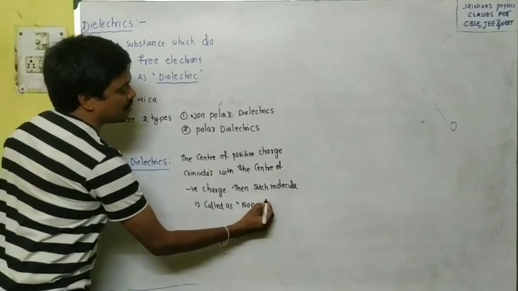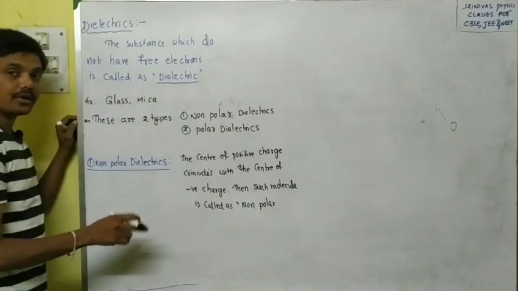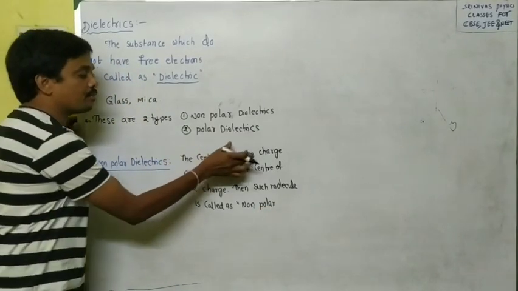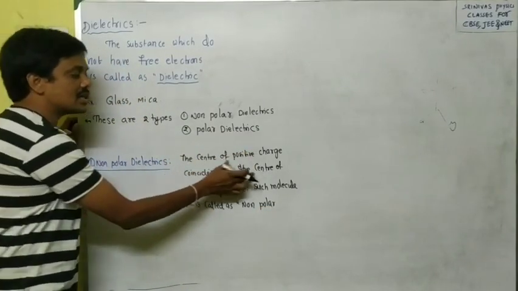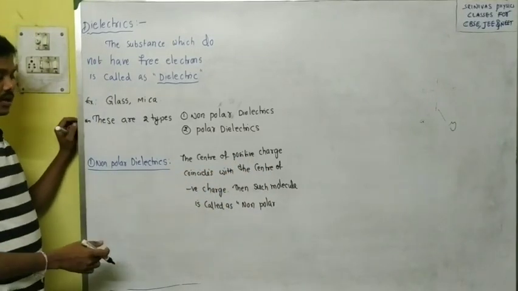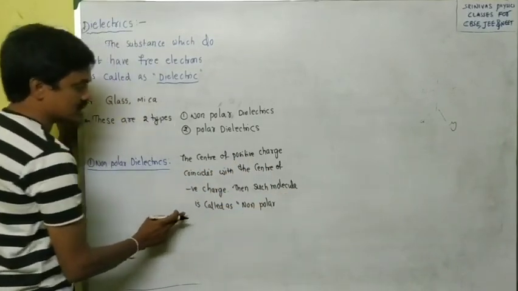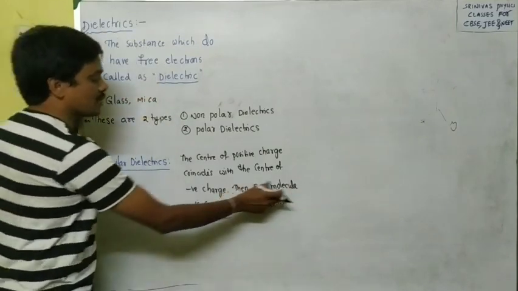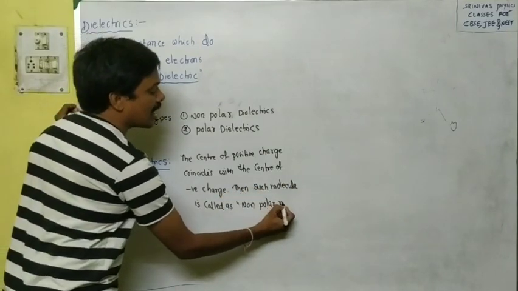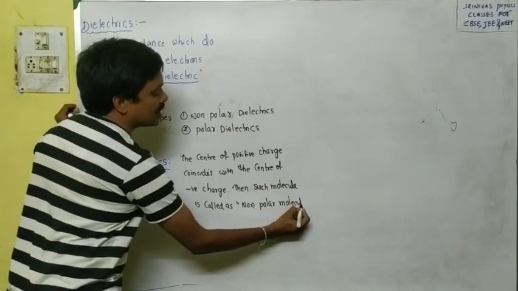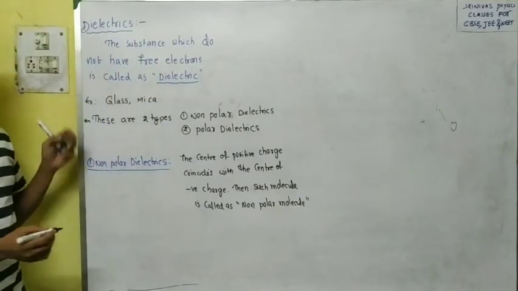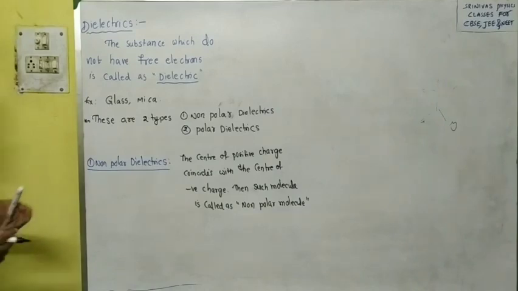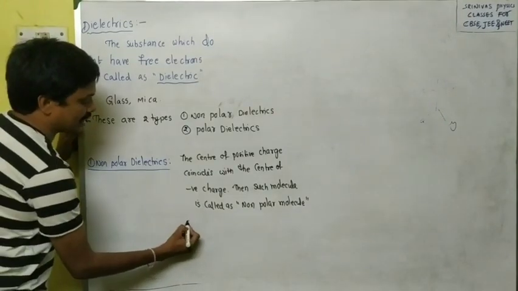What is a non-polar molecule? A molecule in which the center of positive charge coincides with the center of negative charge is called a non-polar molecule. The substance which has non-polar molecules is called a non-polar dielectric.